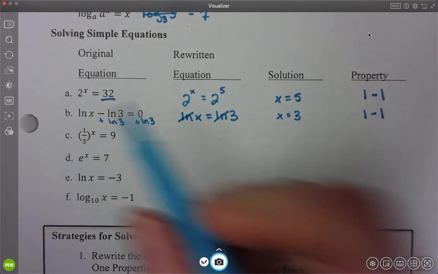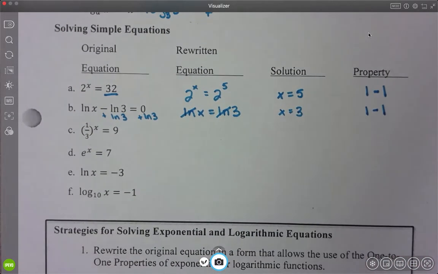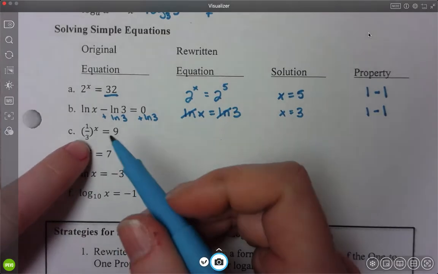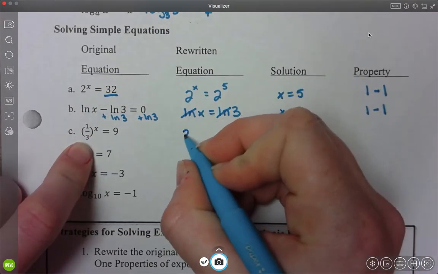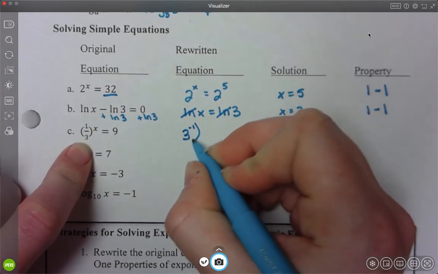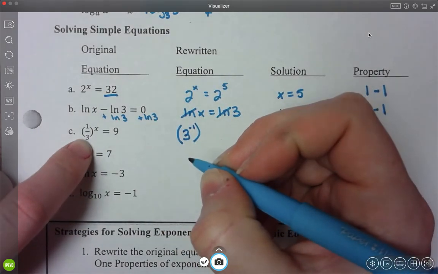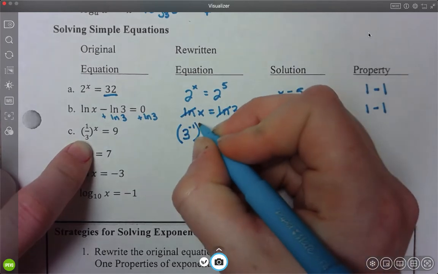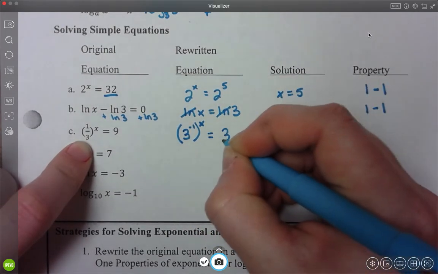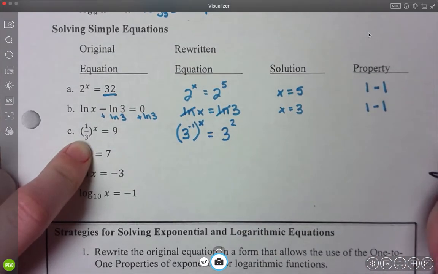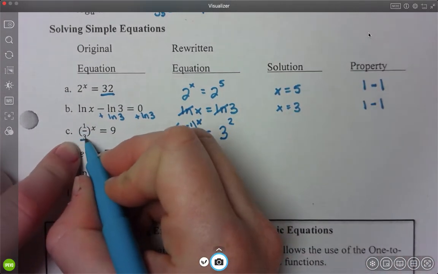C, if I do this one, I can do that change of base again. This one's a little bit more confusing. 1/3 can be written as 3 to the negative 1 power, and then I'll leave that x there. The 9 can be rewritten as 3 to the 2nd power. So I change this 1/3 and I change the 9.